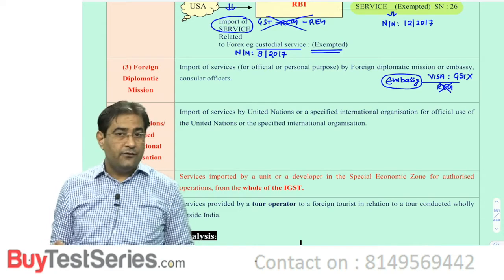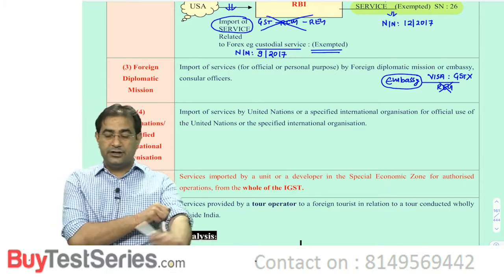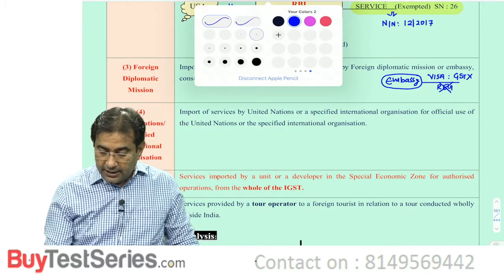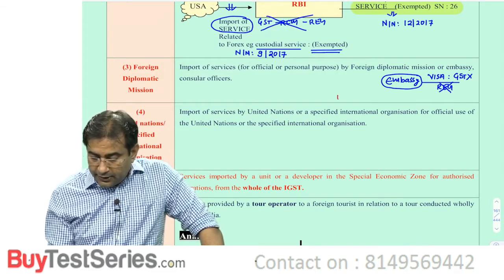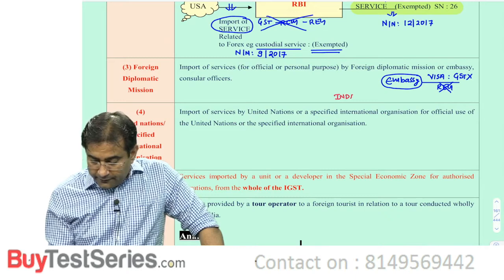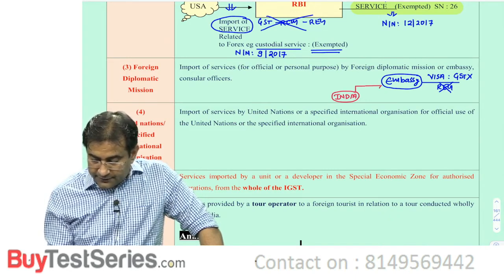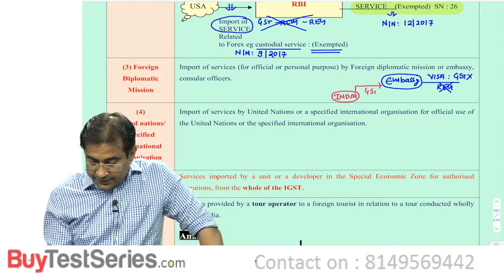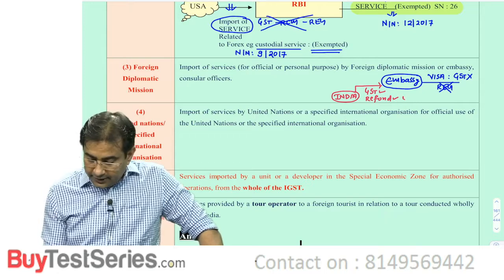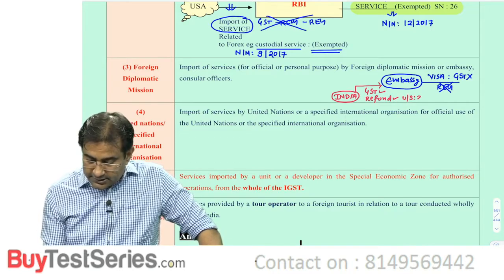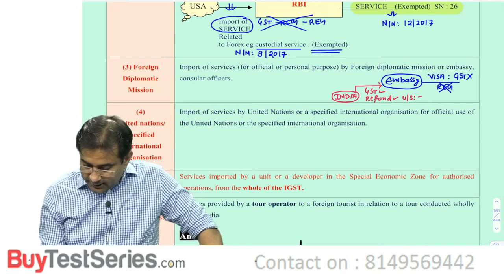But my dear, one of the other important provisions linked with the embassy is, suppose from Delhi or from even within India, if an embassy takes any kind of services, such a transaction would first be liable to GST, and later on the embassy will claim refund of the GST amount.